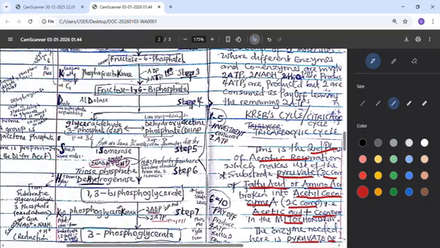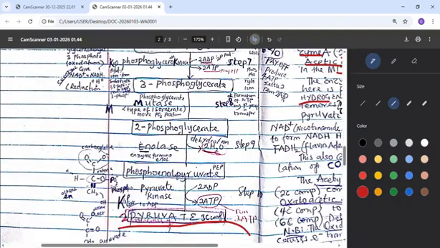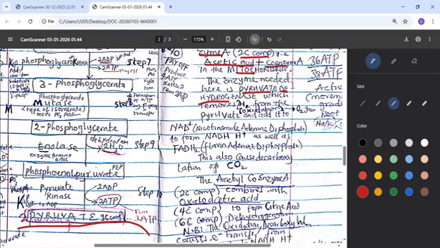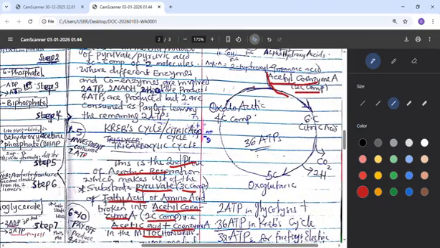Because if you remember, as we were moving from one stage to another, they were giving us enzymes. So the same way, from this pyruvate to the Krebs cycle, there must be another enzyme.